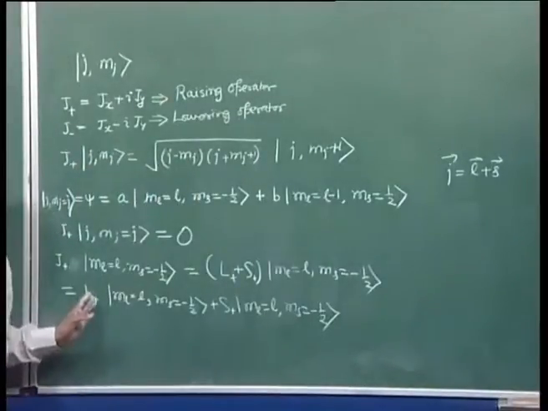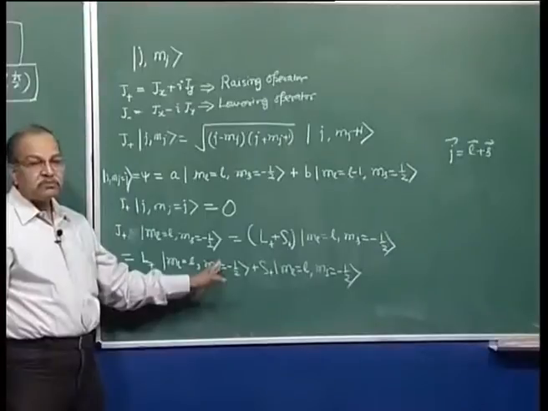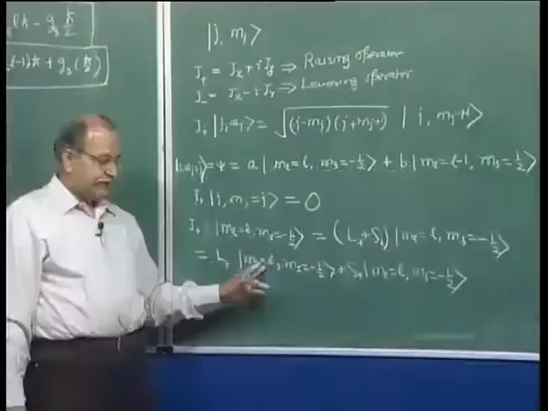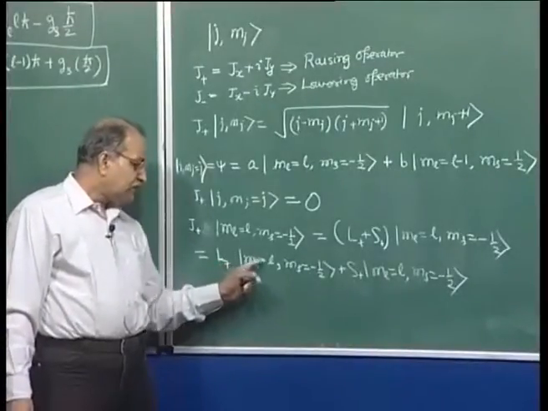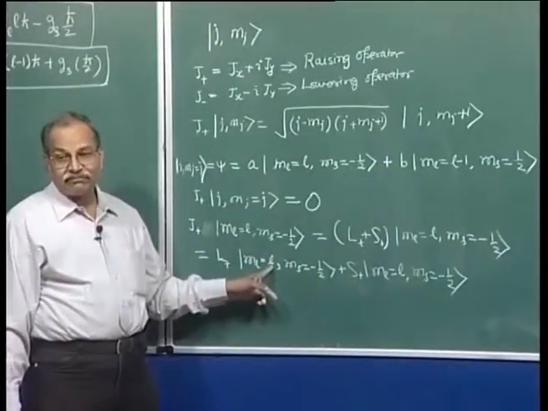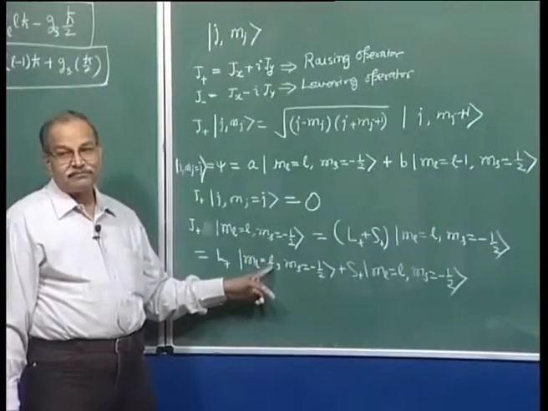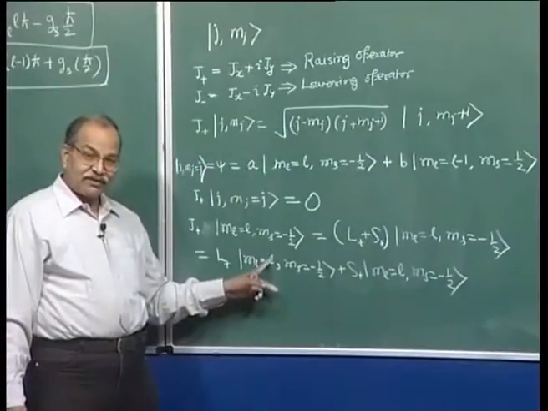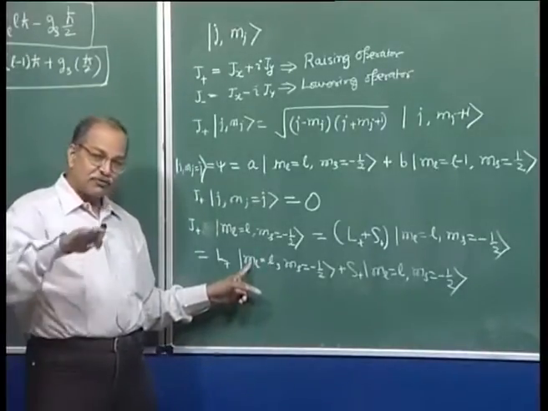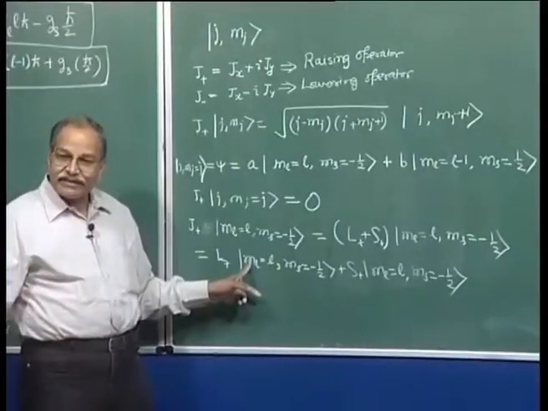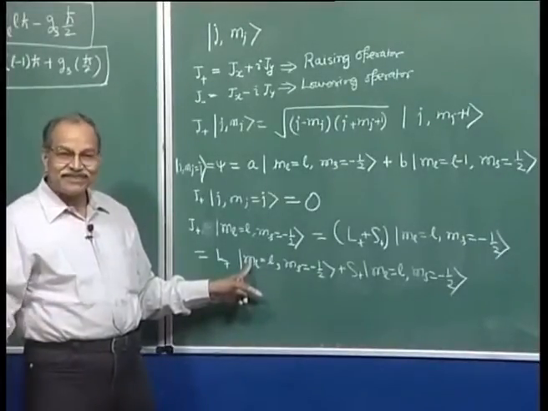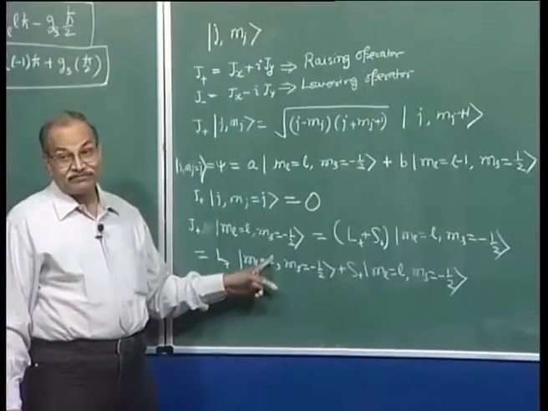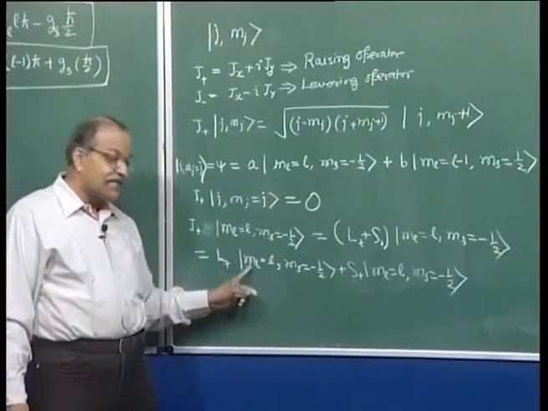L plus will do nothing to the spin part, but L plus will apply on this. L plus applied on ML equal to L, what should it give? ML can take values from plus L to minus L in steps of 1, and this is ML equal to L, already at its highest value, and you are trying to raise it.